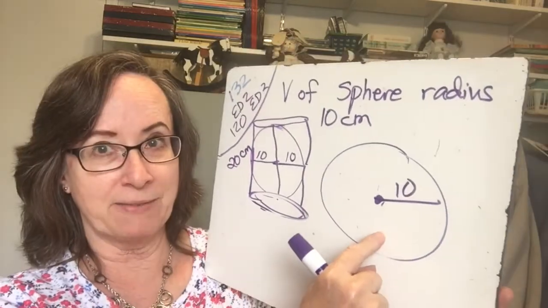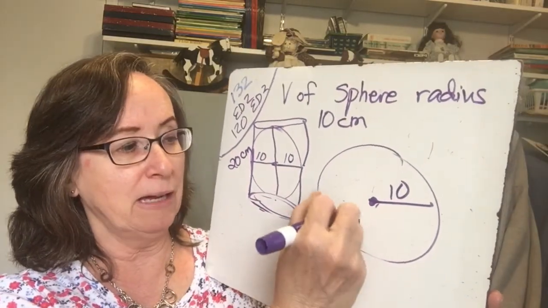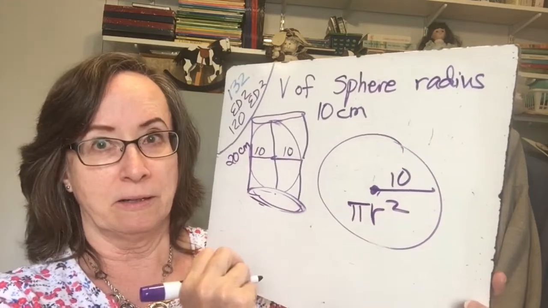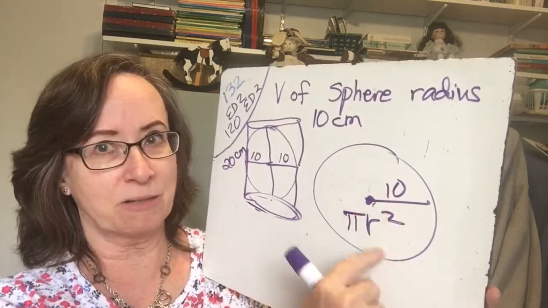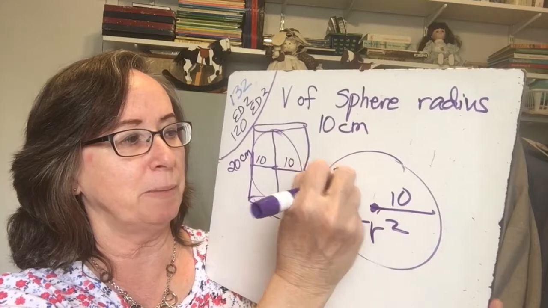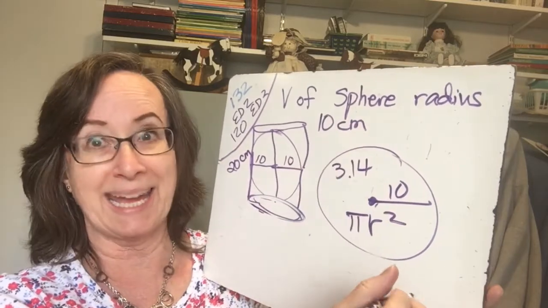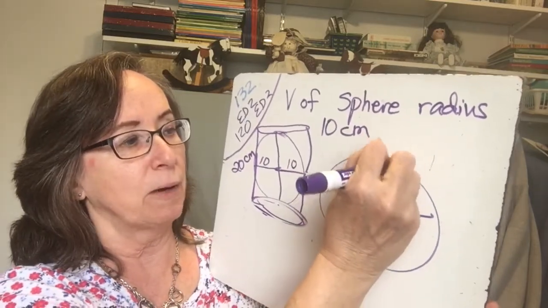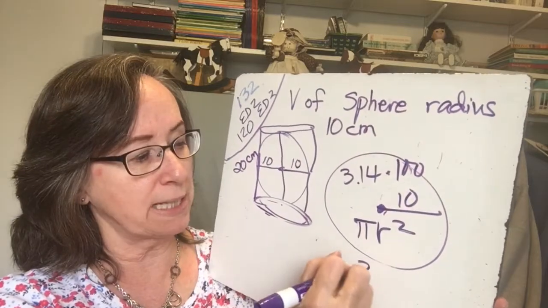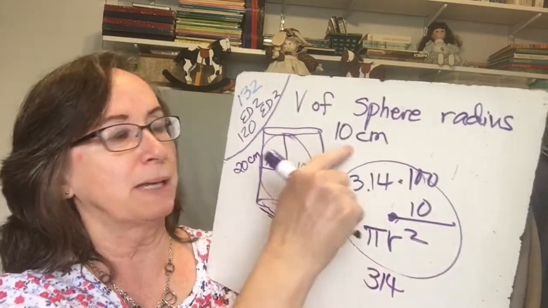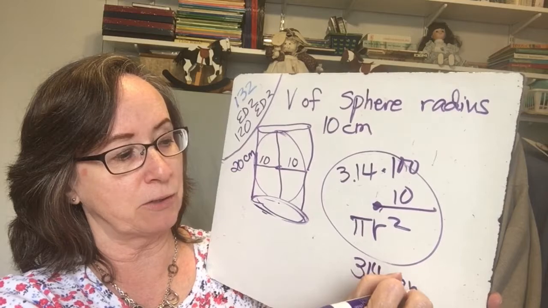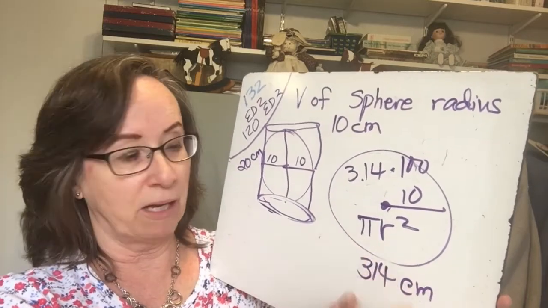So the area of this one is pi r squared. We've already done this one. 10 squared is 100, so we have 3.14, which is our pi estimate, times 100 is 314. And this one is in centimeters, so this is centimeters. This was area, right?